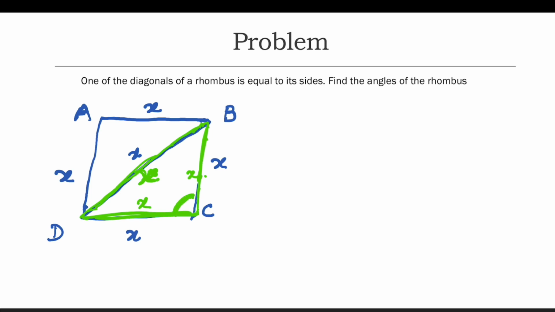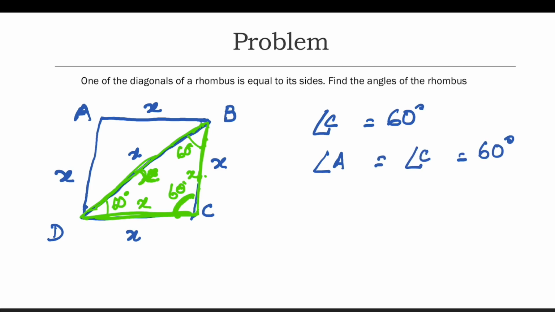Angle of the triangle is 60 degree. So this is 60 degree, this is 60 degree, this is 60 degree, right? So angle C is equal to 60 degree. How much would be angle A? Angle A would be equal to angle C, equal to 60 degree.